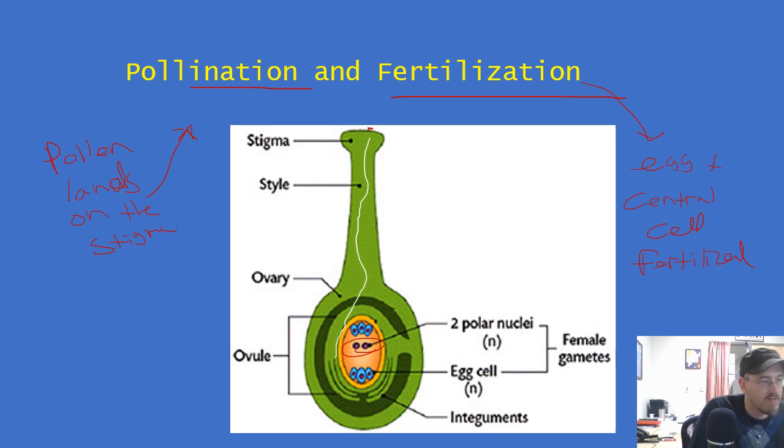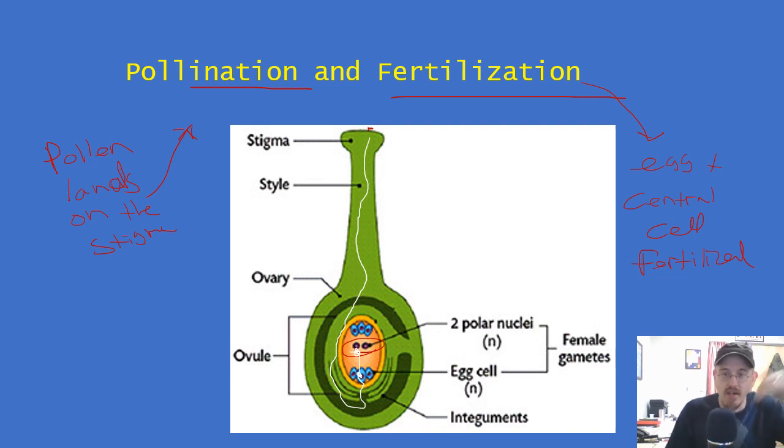It grows in here, releases a sperm right here for the egg, and releases a sperm right here for the two polar nuclei, or we're just going to call it the central cell with two nuclei in it, and that produces the endosperm. That's double fertilization.